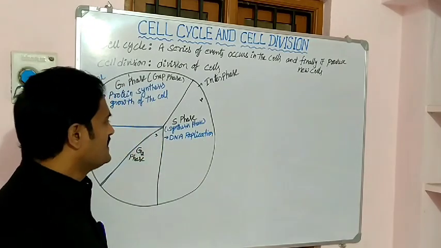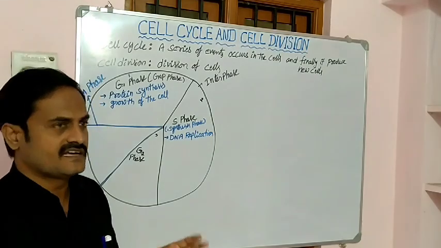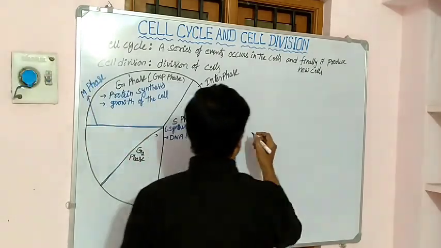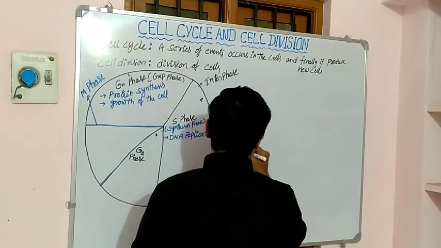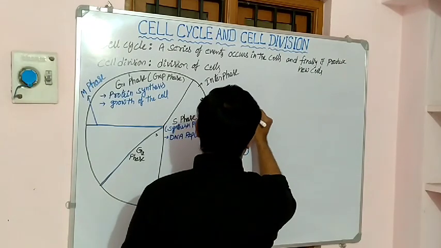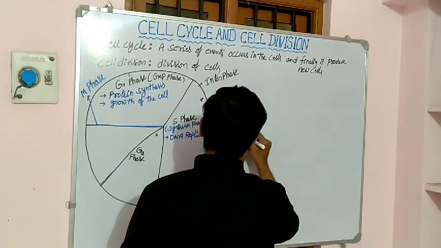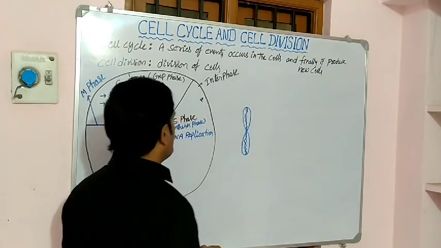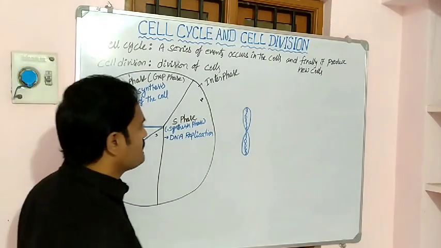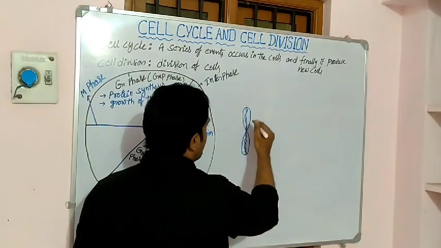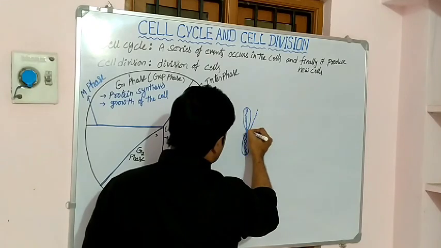Replication means to divide. How DNA replication occurs, I will show in a small diagram. Suppose this is one chromosome, with DNA inside it like this. When the cell enters the S phase, the DNA forms an exact copy, one more copy here.